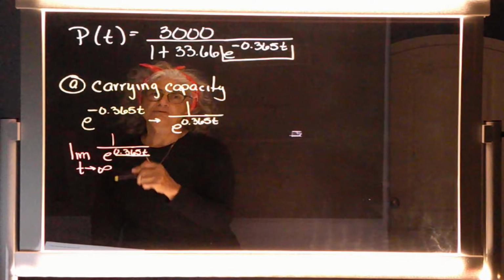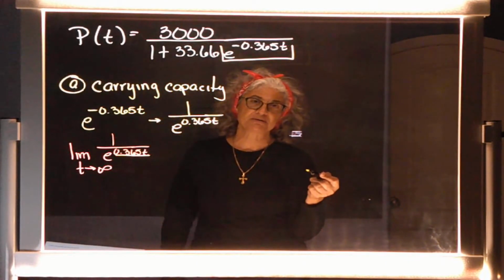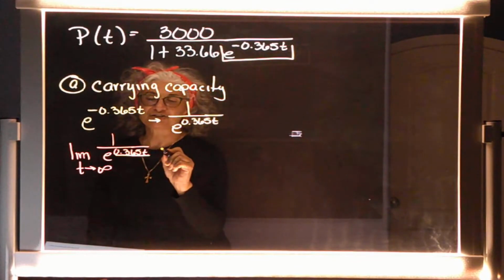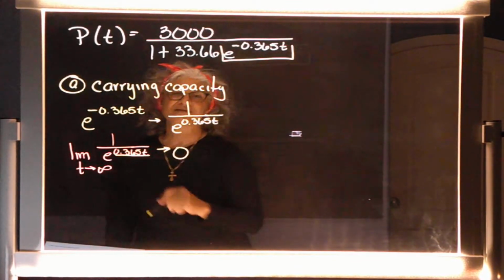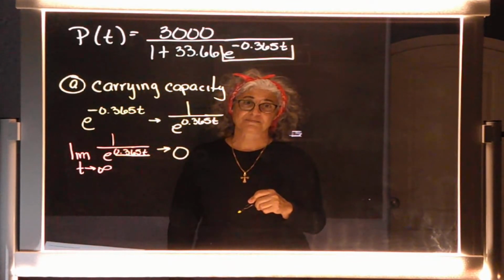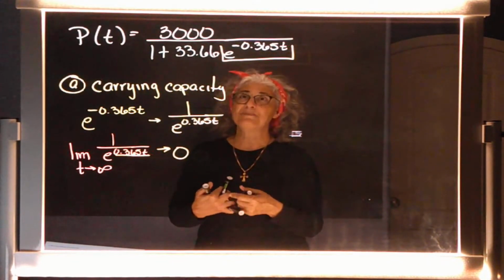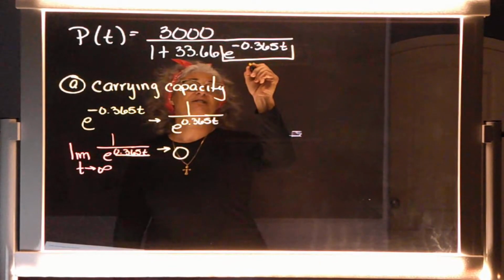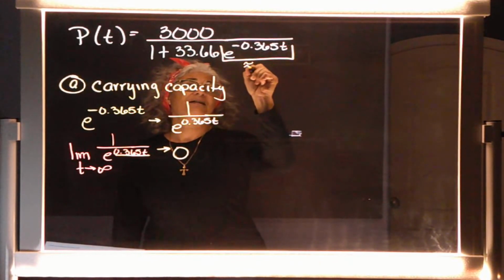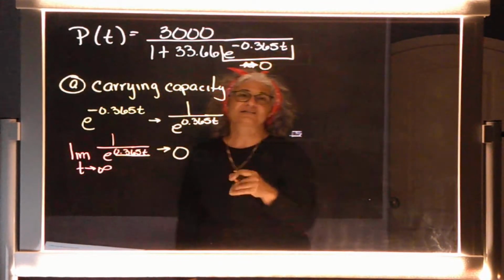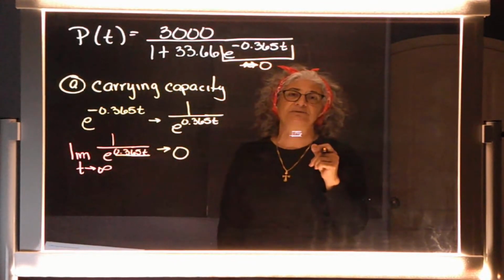And so 1 over an extremely large number keeps getting smaller and smaller and smaller, doesn't it? Till it eventually looks like the limit of this is 0, isn't it? So that means this part, I should say, just put an arrow, is marching on to 0. So this e to this negative power is basically going to 0.